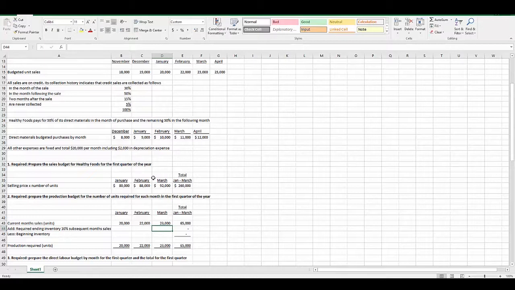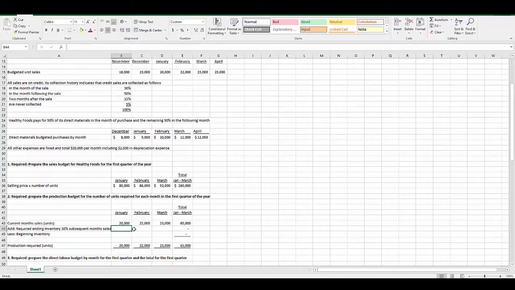The next thing is you want to make sure that you don't run out of inventory. At the end of the month, you always need to have some inventory to start your work for the following month. In this case, the company is telling you that they want to have 10% of the following month's sales on hand, so they have enough and they don't run out.